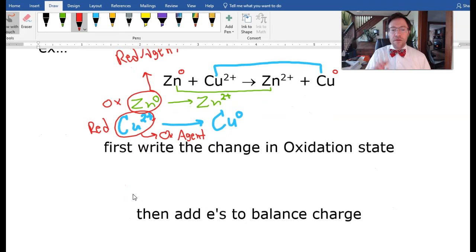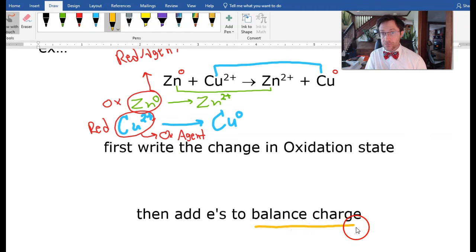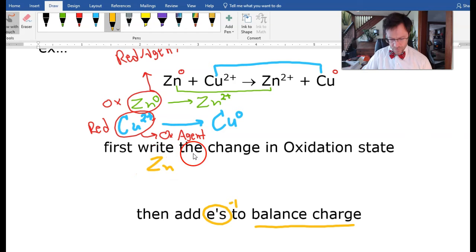Okay, moving on. Next, we're going to add electrons to the half reactions to balance the charge. That is the only thing we're going to be doing. If you remember, electrons have a charge of -1. Here I've got zinc 0 turning into zinc 2+.